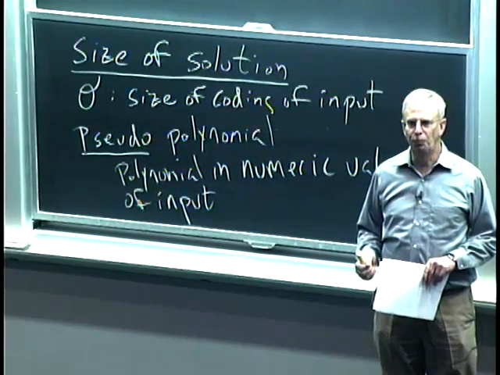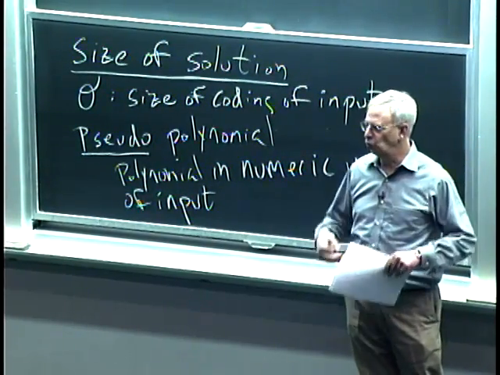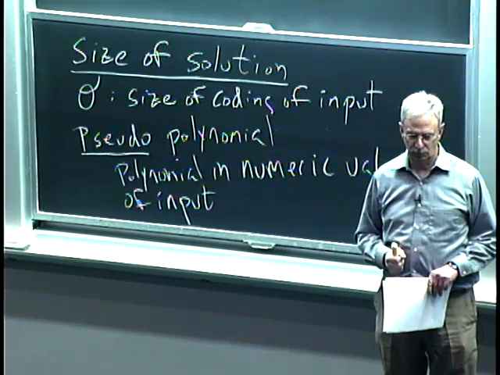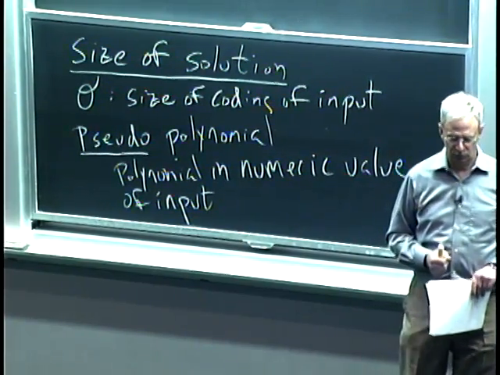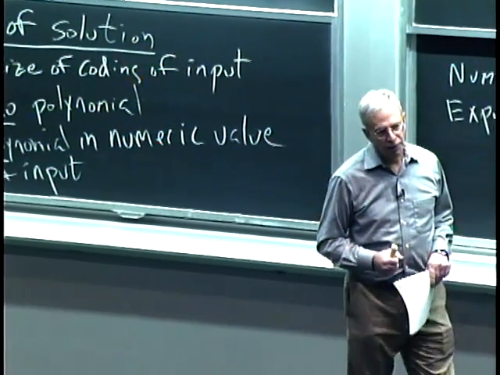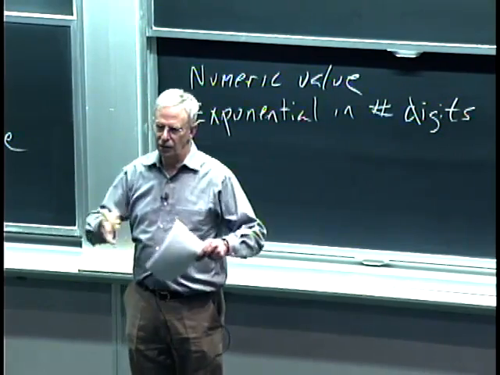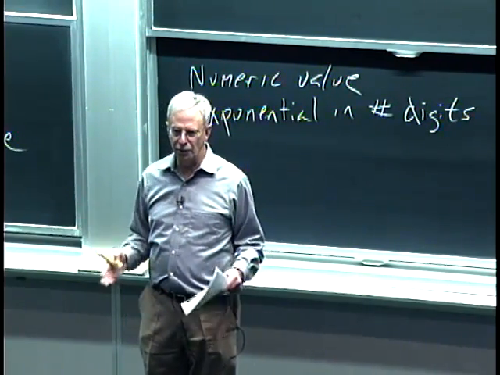The number of bits required to represent the input in the computer. And so when we say something is exponential, we're talking about in terms of the number of bits required to represent it.